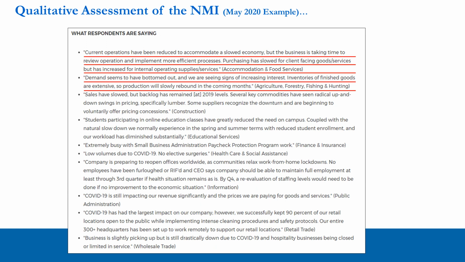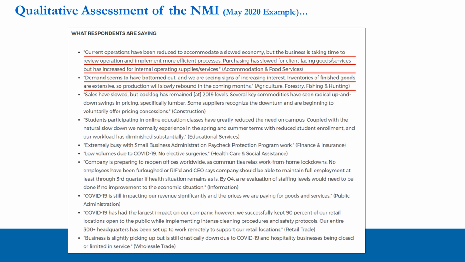Elsewhere in this qualitative list of statements coming from the different industries, you might pick up on some interesting stuff as well in other areas. So, for example, in this list of qualitative statements, online education for educational services is a very strong indication of a rebound or strength in that industry. Additionally, if you look near the bottom, you can see retail trade.